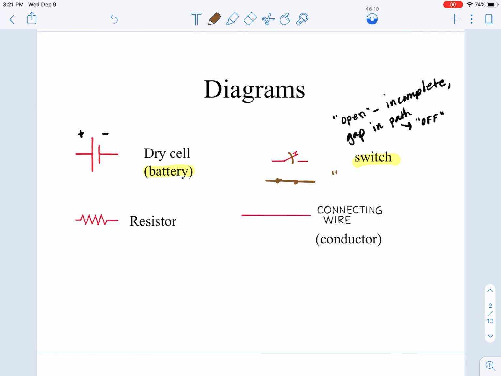Whenever we have our switch closed, this means that the conductive material is now completing the circuit. All of the parts are touching. So here we have a complete circuit or a complete path. And if that path is complete, then those electrons are going to move. We call that electricity. So then my device will be turned on.